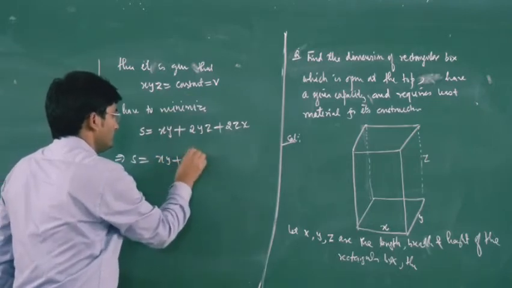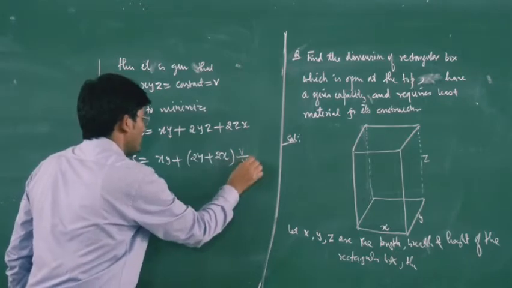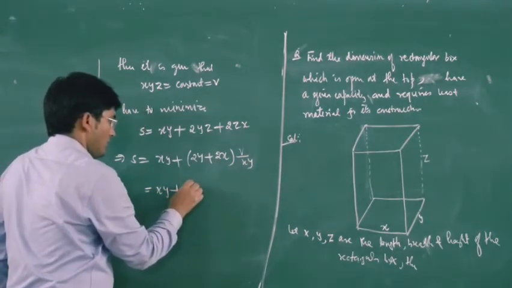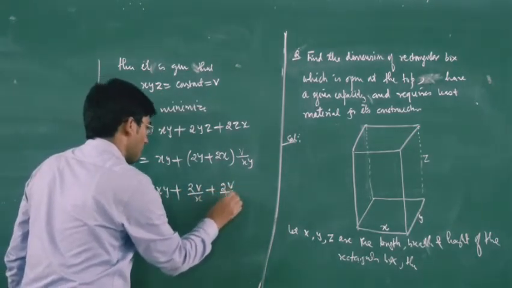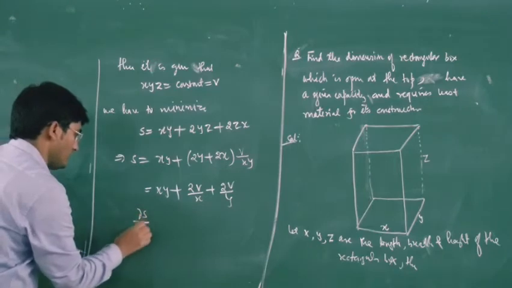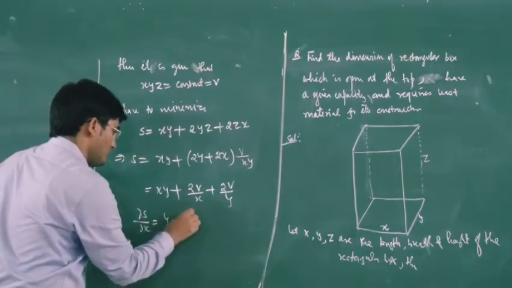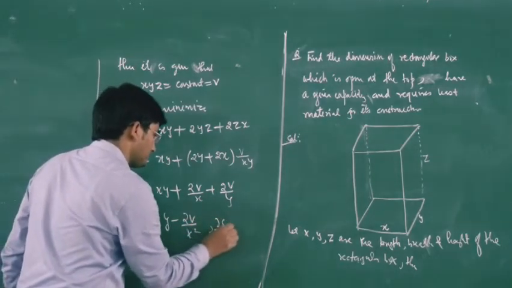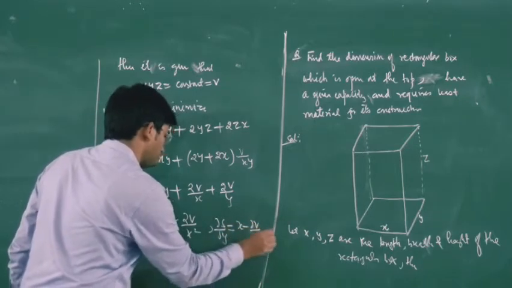So we have s equal to xy plus 2b upon x plus 2b upon y. So del s upon del x will be y minus 2b upon x square. Del s upon del y will be x minus 2b upon y square.